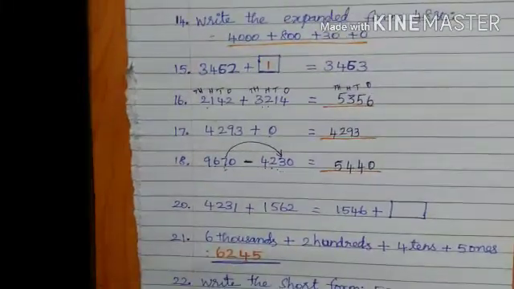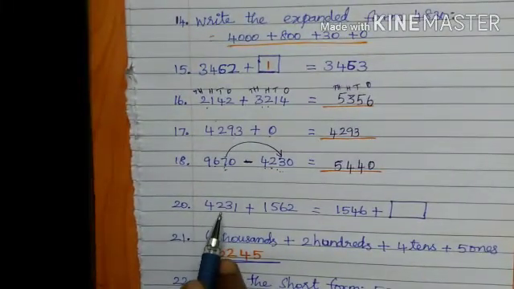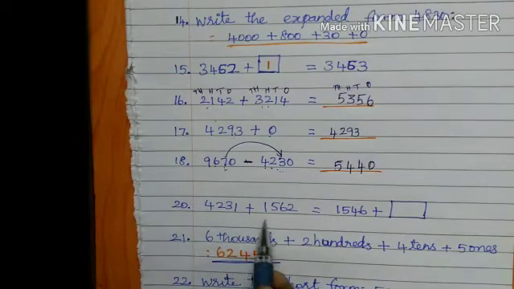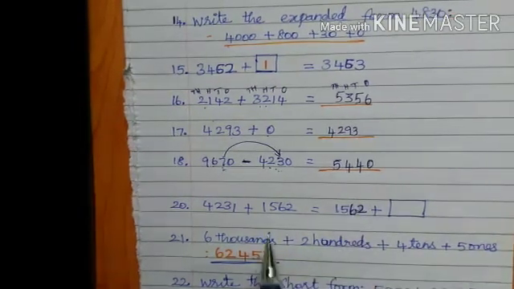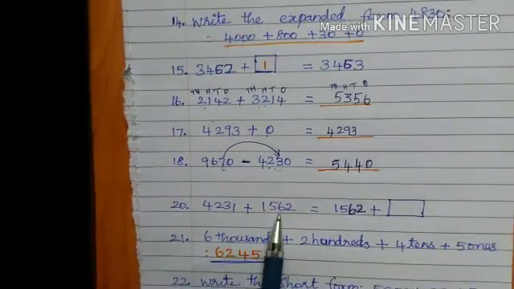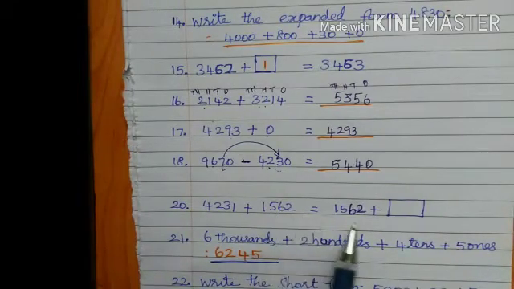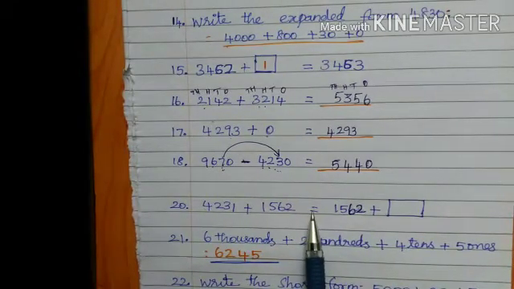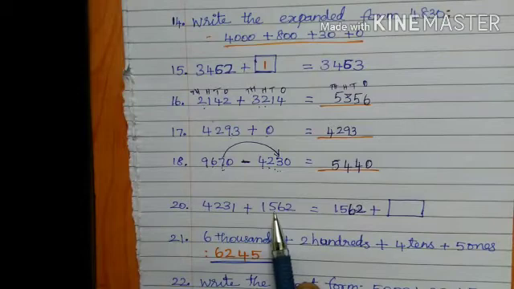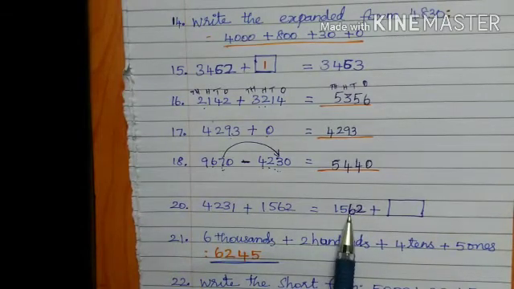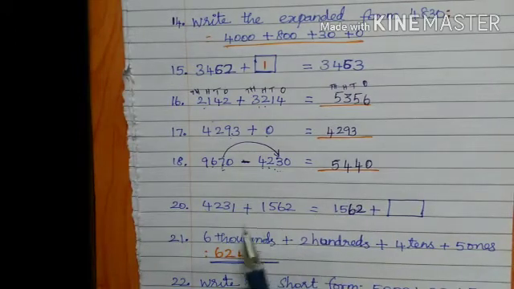20th sum, 4231, 1562. These two numbers you add, then on the opposite side equal is given. One number is given here, 1562. So 1562 is here. Here also 1562. But this one is equal. Do the addition.